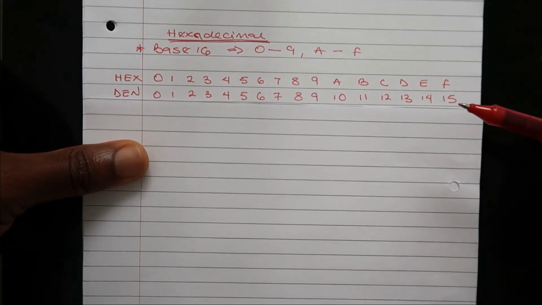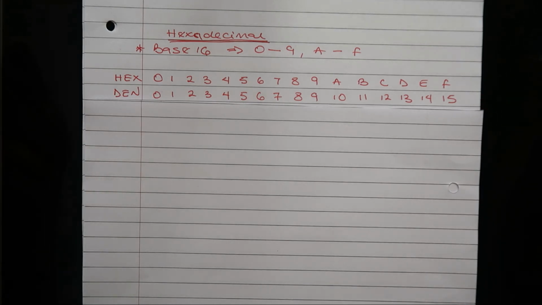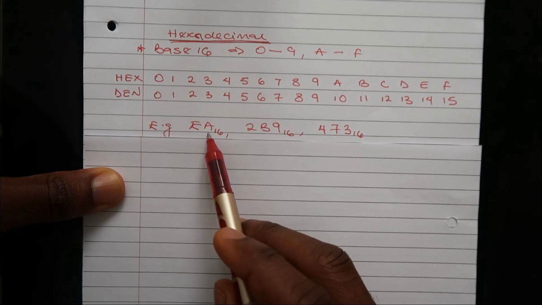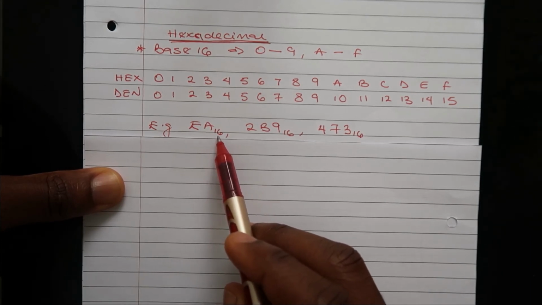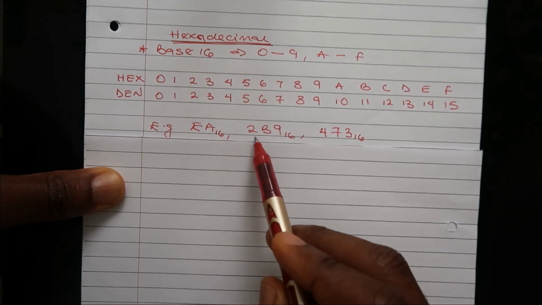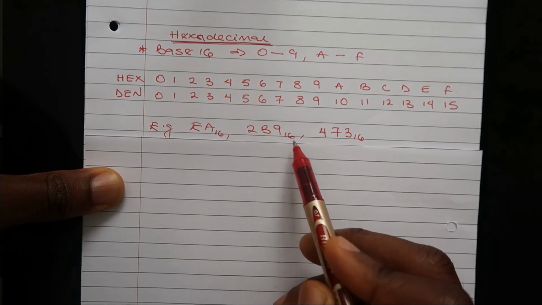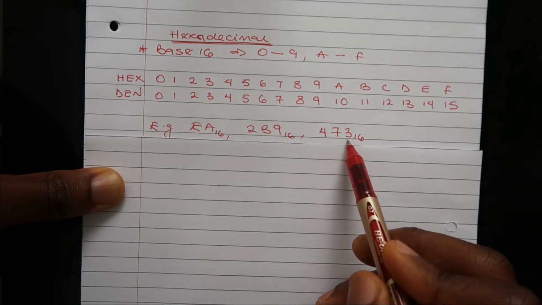So what are the common uses of hexadecimal? Hexadecimal is used to shorten the length of a typical binary number. You can see here EA is an example, and that subscript 16 just denotes that it's a hexadecimal number. 2B9 there is hexadecimal to base 16, and this is not 473.